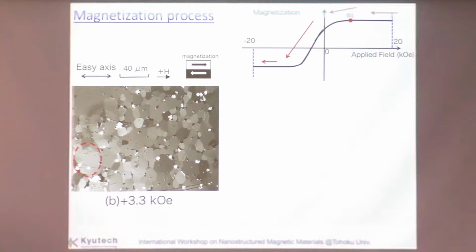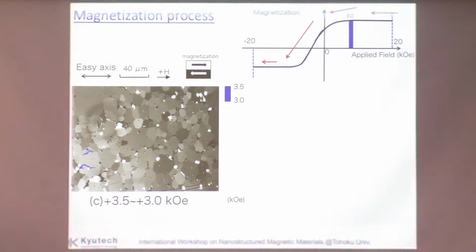A darker contrast can be seen inside this grain, and the contrast is colored blue. And you can see the magnetization reversal occurred at this point.